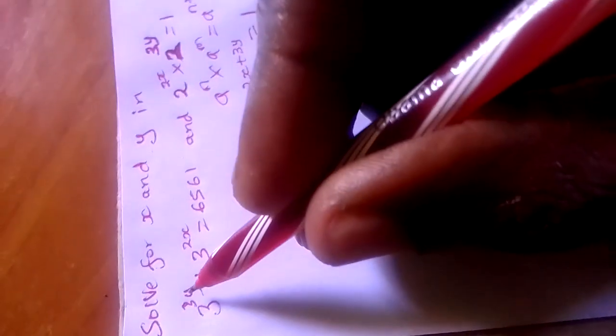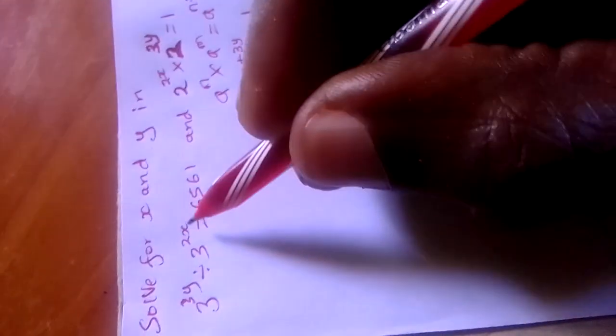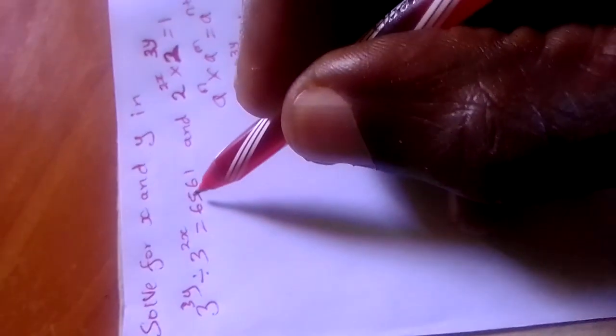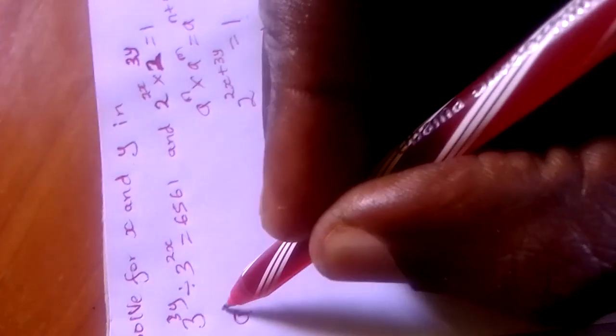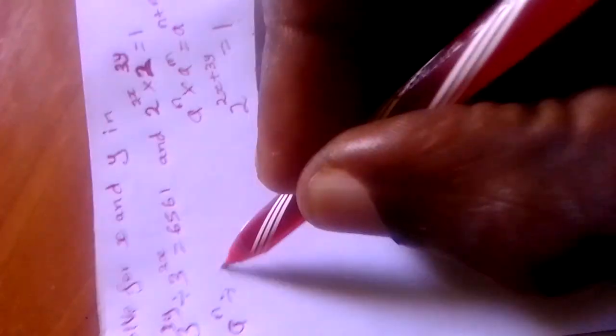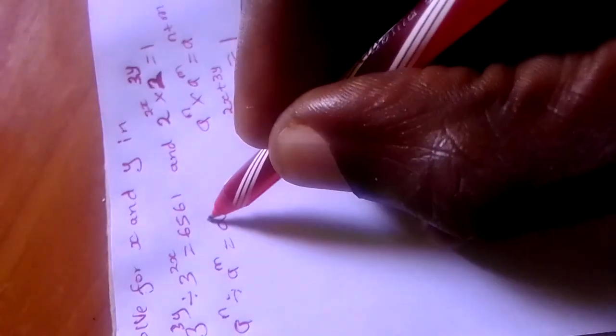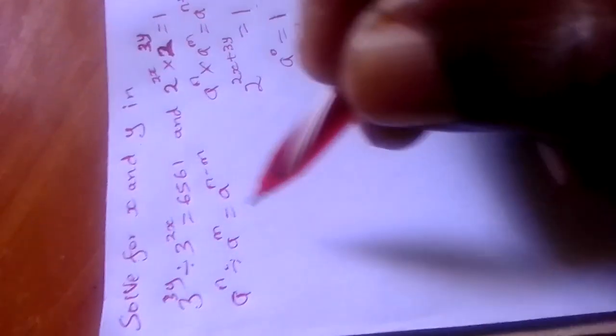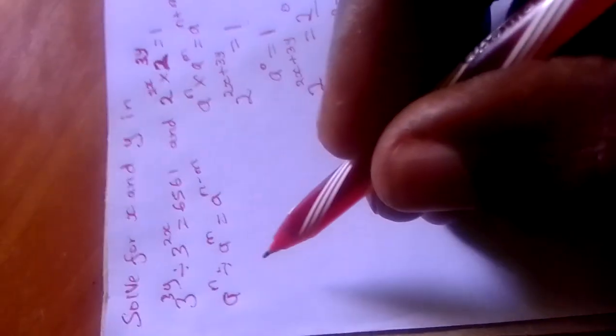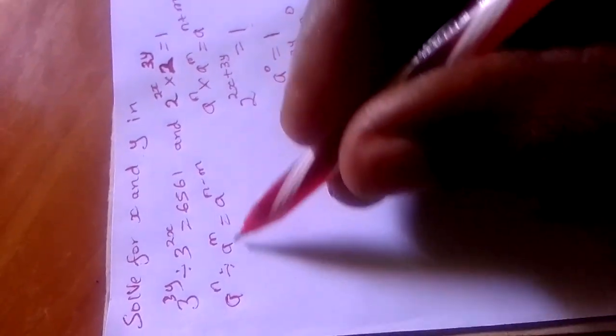So we move to the other side where we have 3 power 3y divided by 3 power 2x is equal to 6561. Again we have the law of a power n divided by a power m, which should be equal to a power n minus m. When we are dividing numbers with the same bases, we minus the powers.